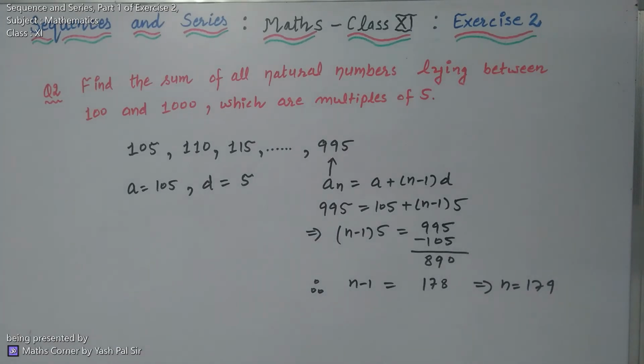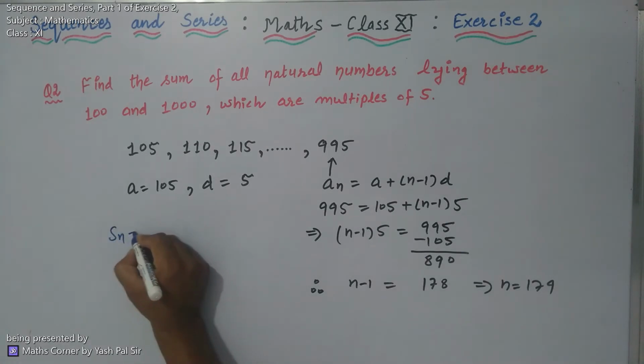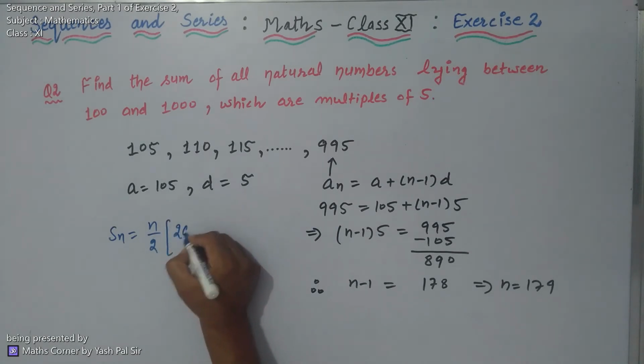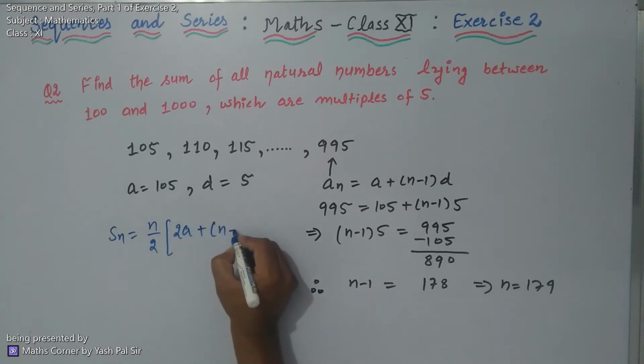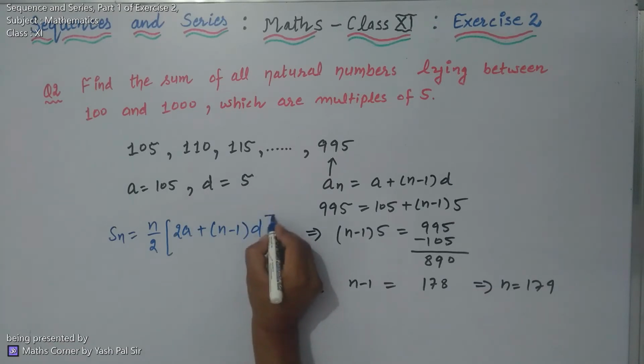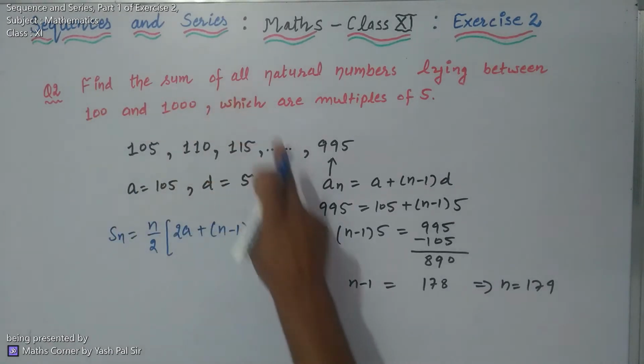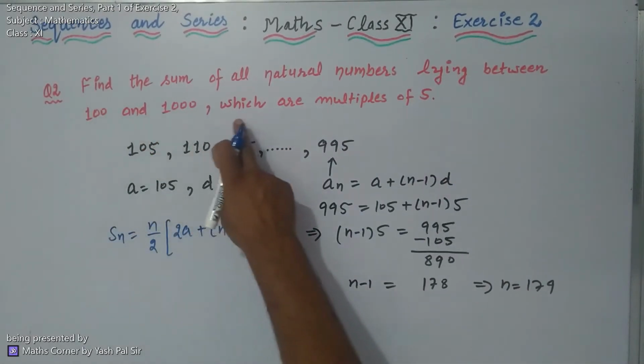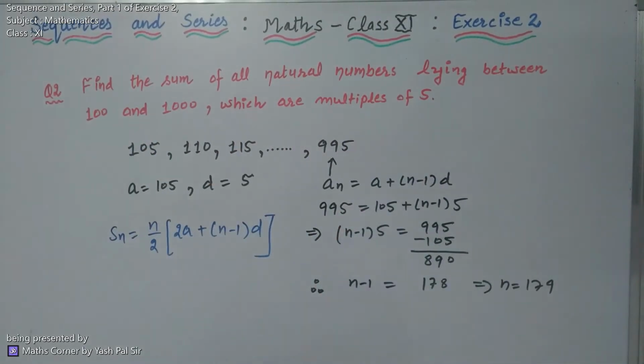Now what we do? We substitute here. Sn is equal to n by 2, 2a plus n minus 1 into d, the sum of all natural numbers lying between 100 and 1000 which are multiples of 5.